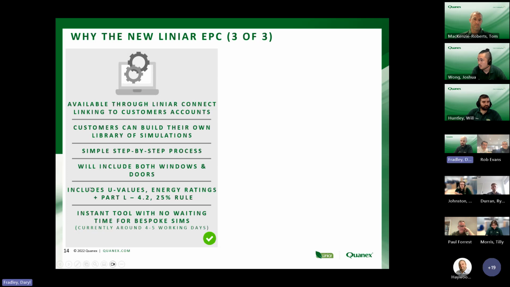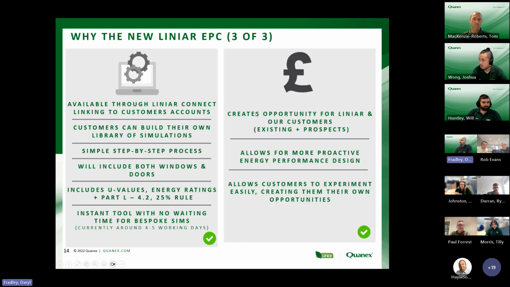As Tom's discussed, we will show U values, energy ratings, and also the option to use the 25% rule. And again, no waiting time. We're currently on a 4 to 5 working day lead time for an energy rating or U value report. That is now an instant tool that you guys can use. And then again, we believe it's creating opportunity for both ourselves and yourselves. It allows more proactive time.